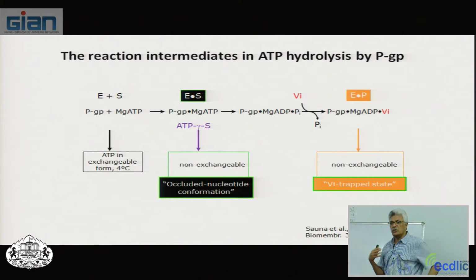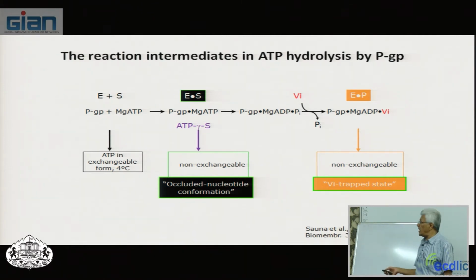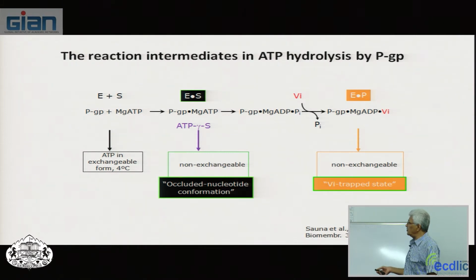As most of the time it's not easy to do the transport studies, we also look at how we could use ATP hydrolysis. And here you can see you can use enzyme kinetics now. You have the P-glycoprotein with ATP, which is the E plus S. Then you get this conformation where you have the substrate or the ATP bound.